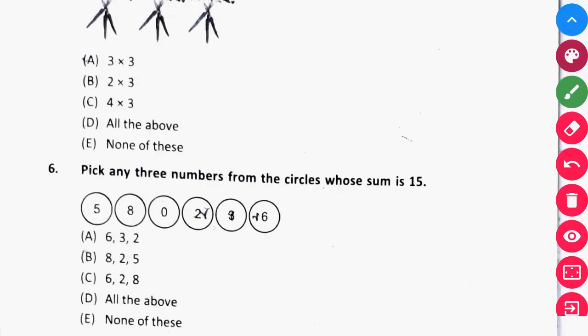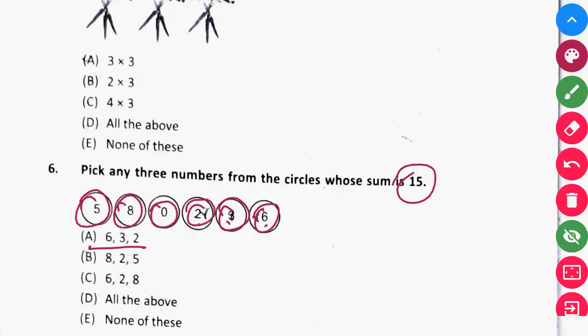Now see, pick the numbers from the circle whose sum is 15. Now there are some numbers in the circle: 5, 8, 0, 2, 3 and 6. We have to pick some numbers whose sum should be 15. So 6, 3 and 2.